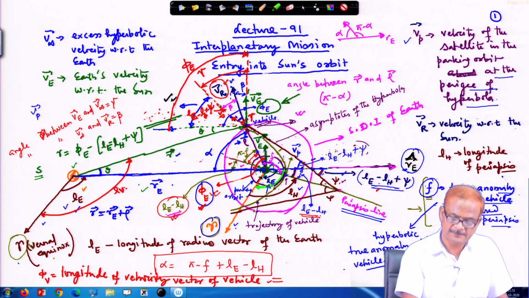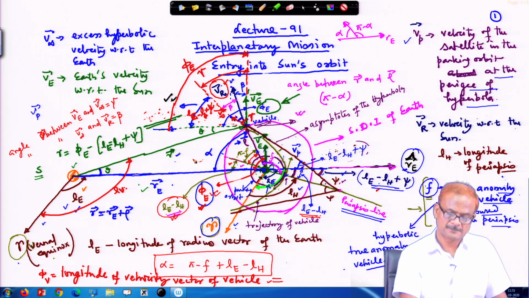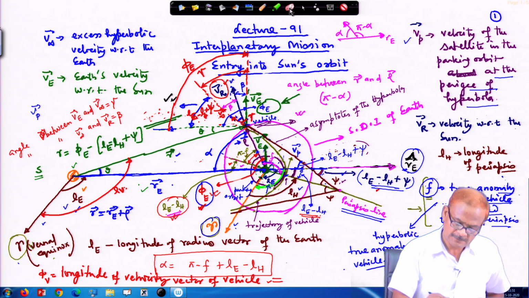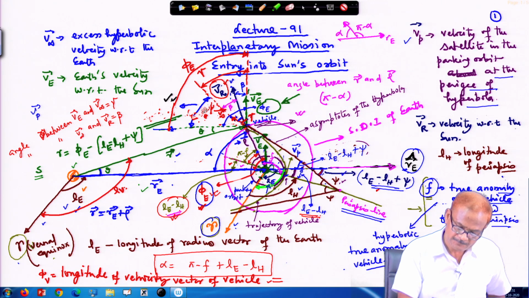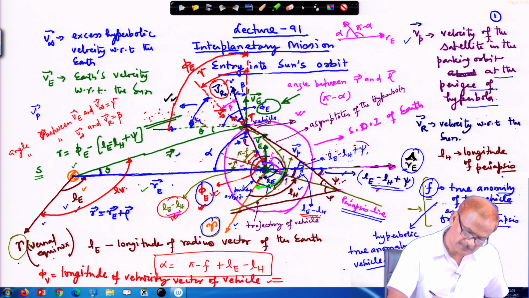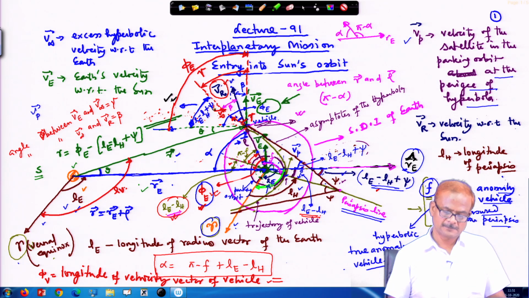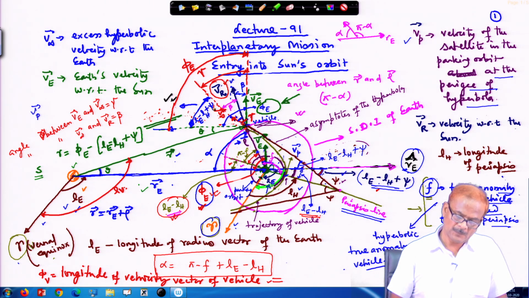This is the angle that it makes with the horizontal. I will clear it up and write here properly. This angle we have written as L E minus L H plus psi.